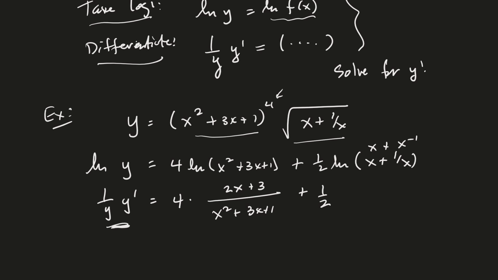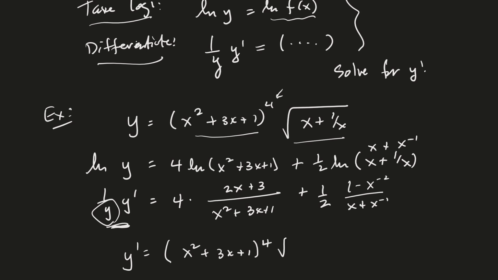And so the derivative of that's going to be 1 over x plus x to the minus 1, and let's go ahead and save our numerator again for 1 minus x to the minus 2 power. Good. And so then finally you would want to actually rewrite the y value here on both sides: x squared plus 3x plus 1 to the fourth times the square root of x plus 1 over x. And then you have this stuff over here that you would multiply.